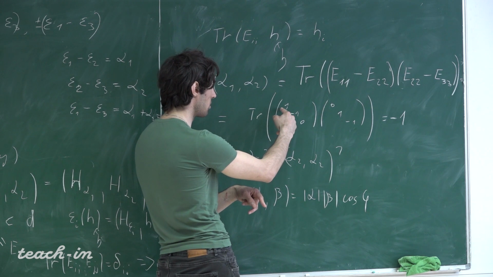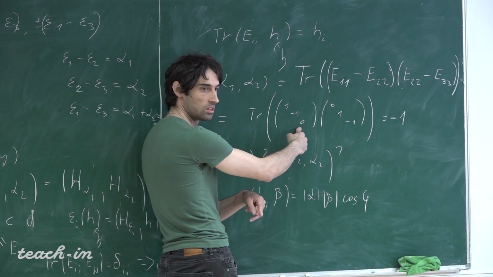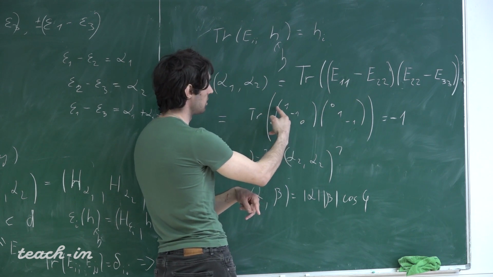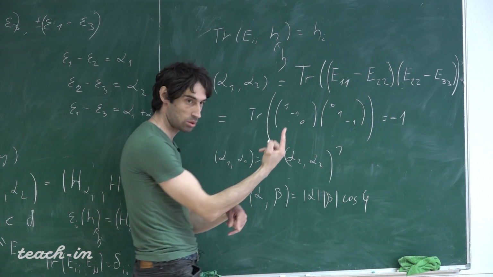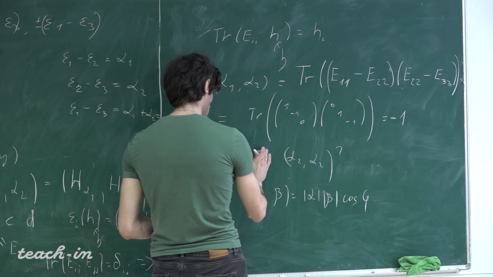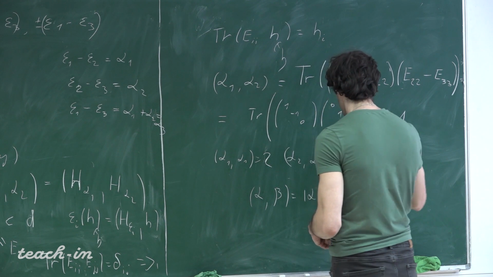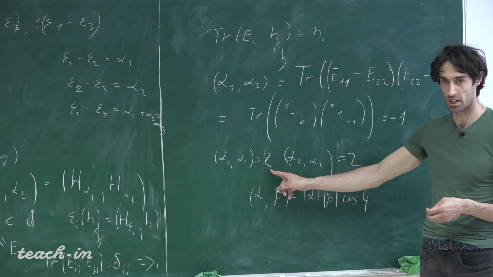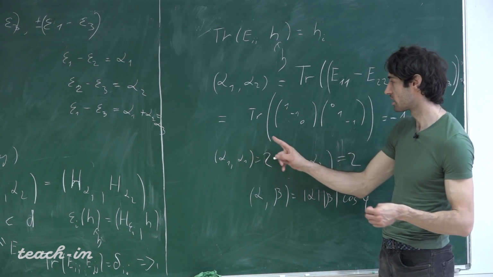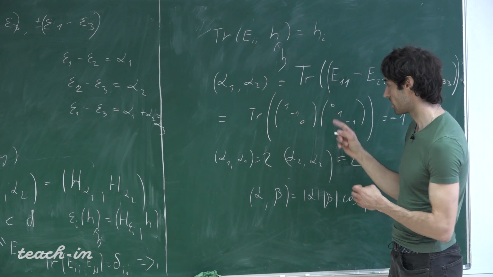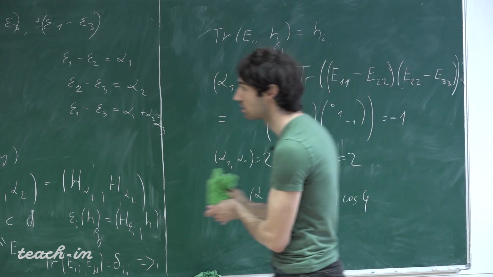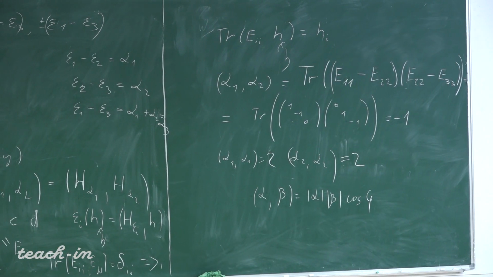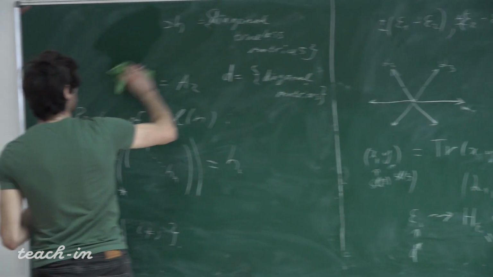So it's the trace over 1, 1, 0: 1 plus 1, so it's 2. So this thing is 2. How is this 2? Let us do this in a better way.